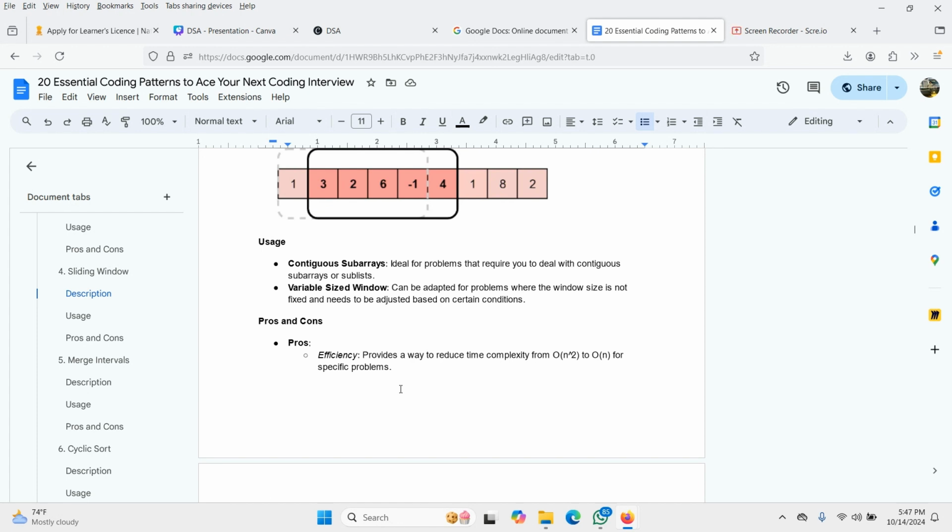Next, it has some pros and cons. The first advantage is that it can reduce the time complexity from O(n²) to O(n), that is, linear time.